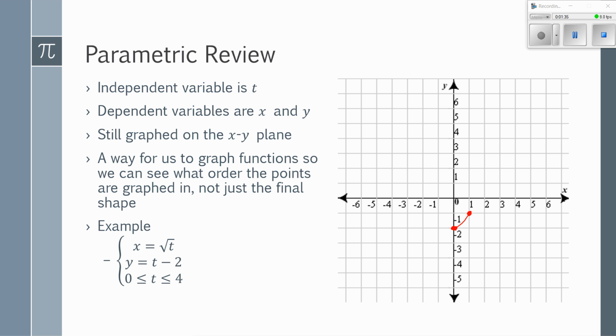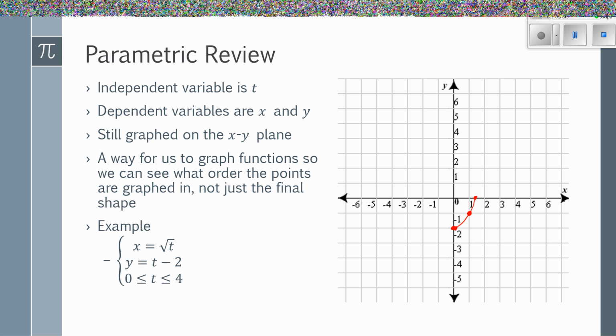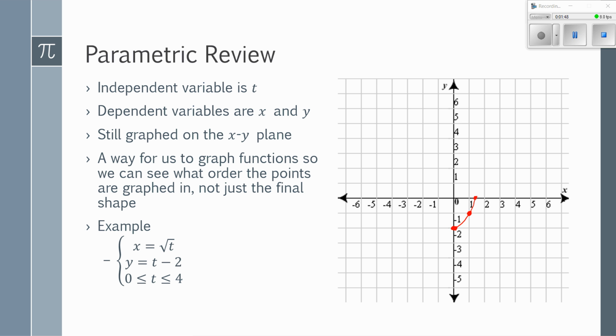If t is 2, x is about 1.4, and y would be 0. If t is 3, x is the square root of 3, which is about 1.75. Y would be 1. And if t is 4, x would be 2, and y would be 2. So I get that curved piece there.